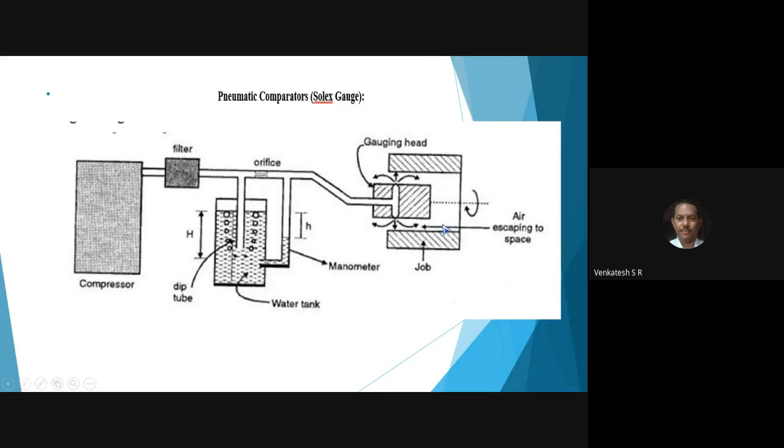So these elements can be compared with the dimension you have already set in the manometer.